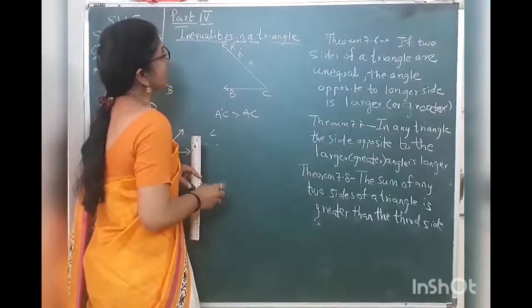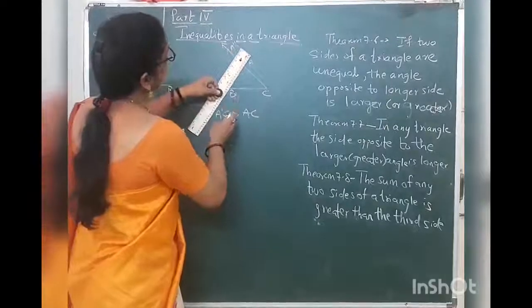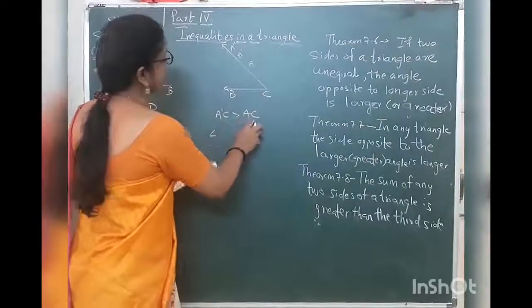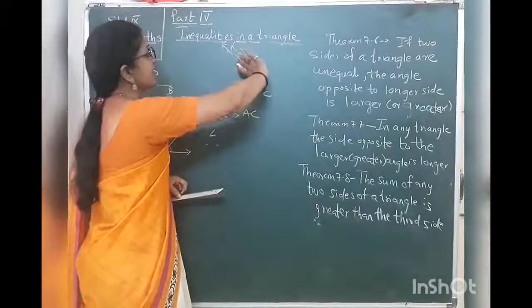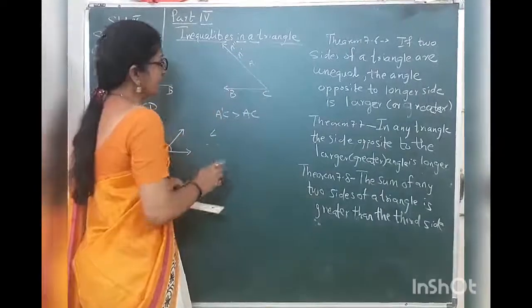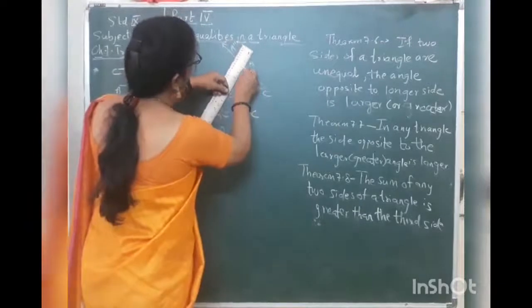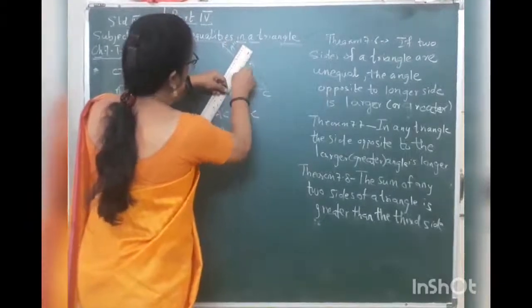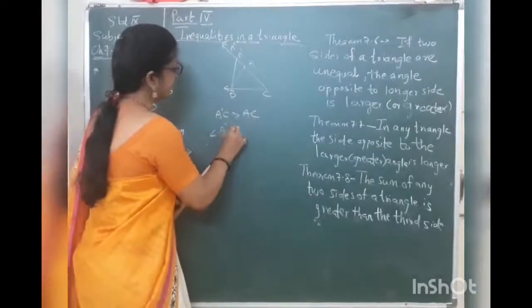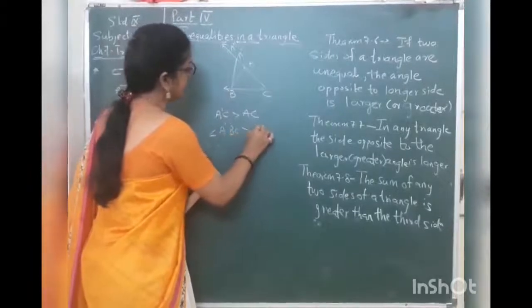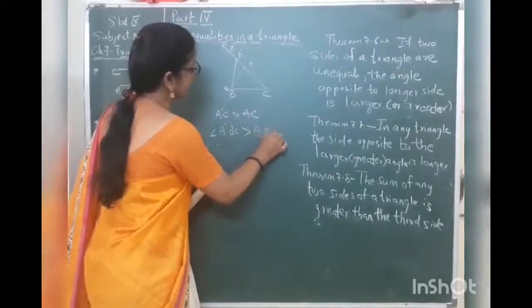If you compare the length of this side, A dash C is greater than AC. Now we compare the measure of angle A dash BC. The measure of angle A dash BC is greater than the measure of angle ABC.